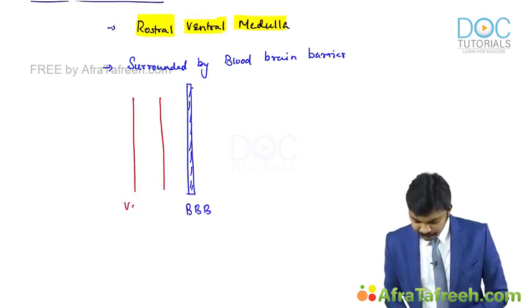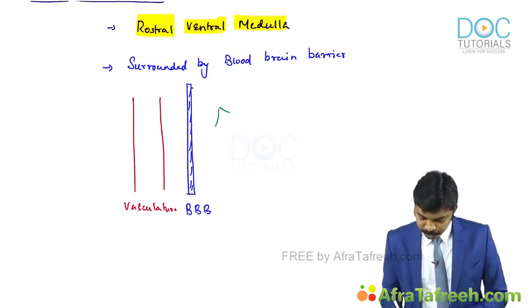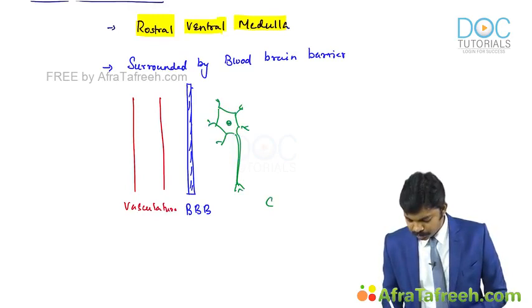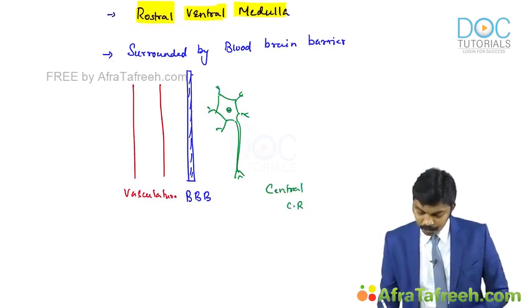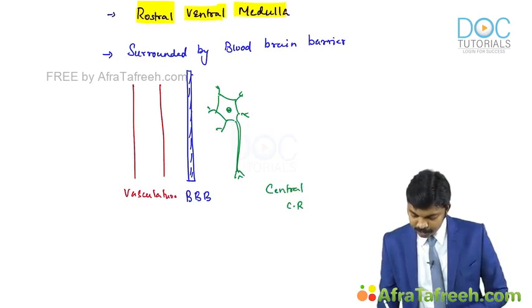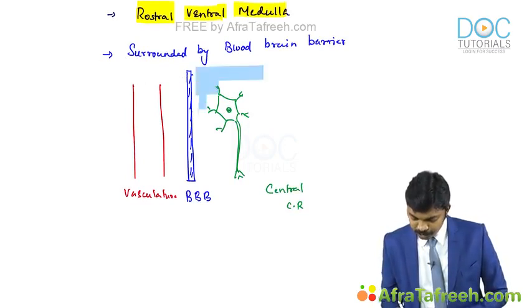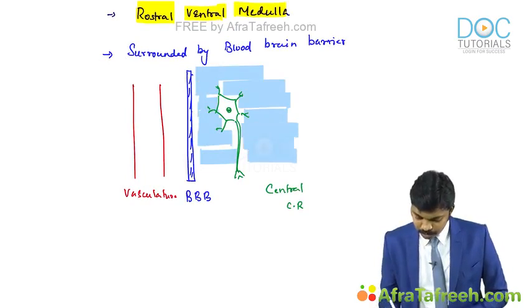We have the cerebral vasculature, and let us take up a neuron which belongs to a central chemoreceptor, and we have cerebrospinal fluid surrounding these neurons. The fluid represents cerebrospinal fluid.